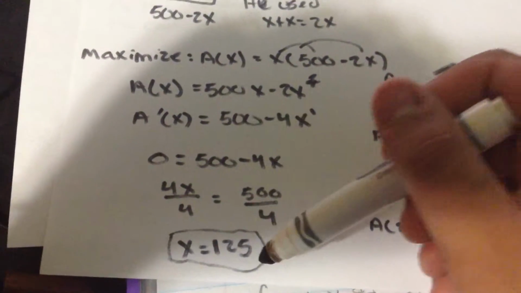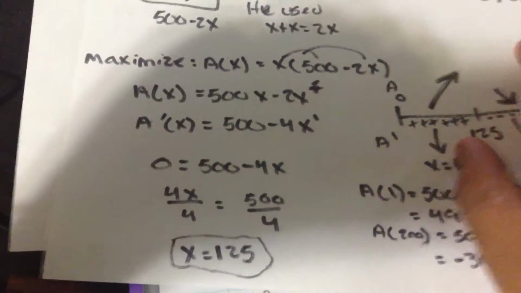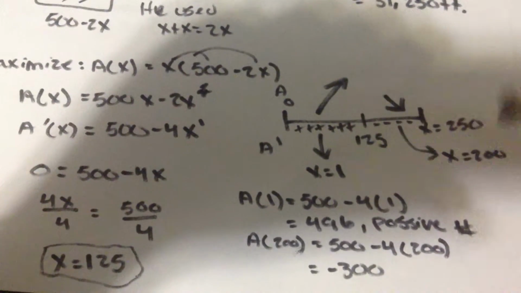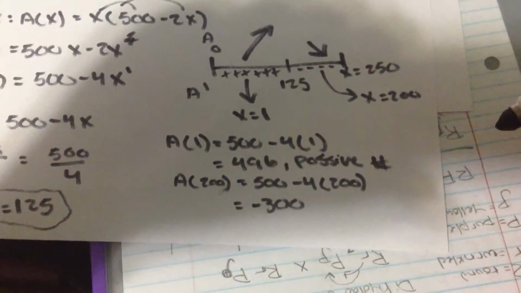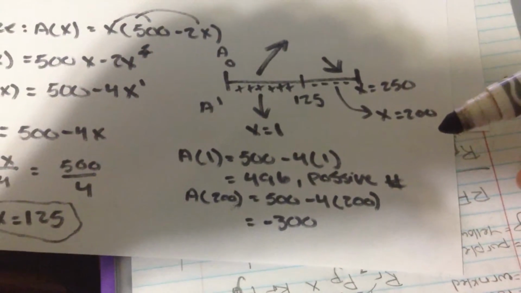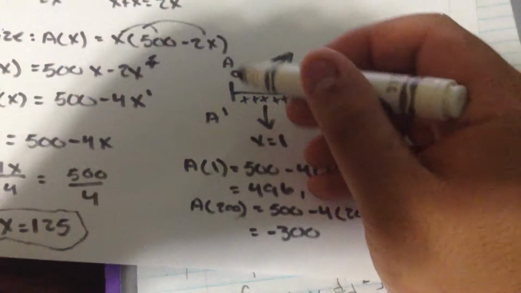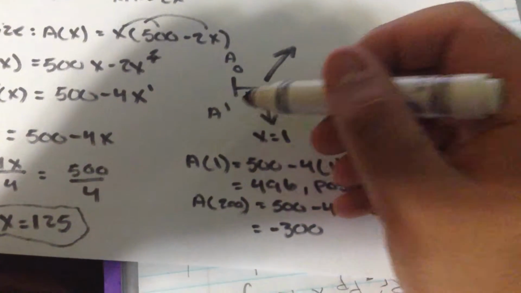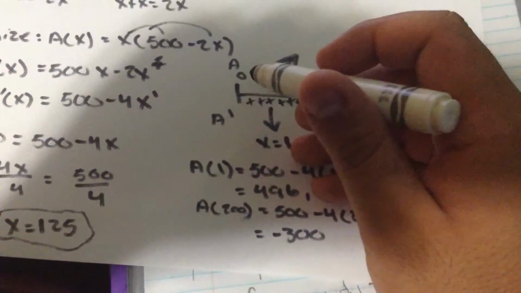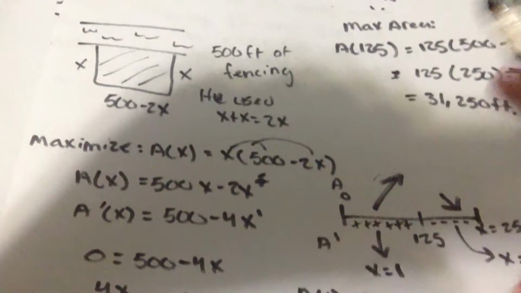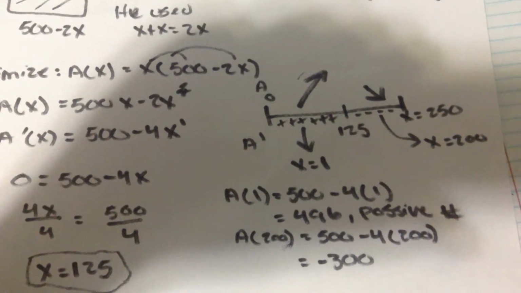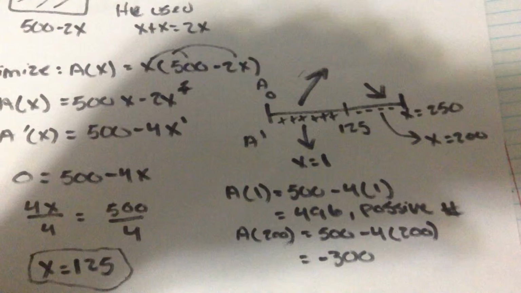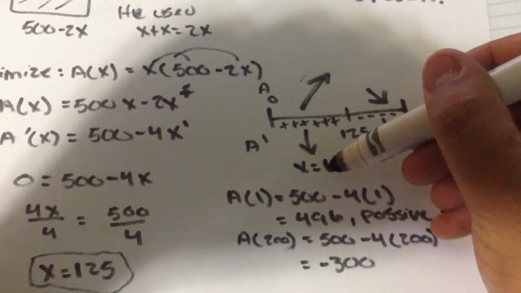So you could conclude this is your maximum, but you could use the sign diagram to check if it is. So I'm going to chop it off at 0. You can't use 0 because 0 feet of fencing wouldn't be a rectangle. So any number between 0 and 125. I'm just going to use 1.